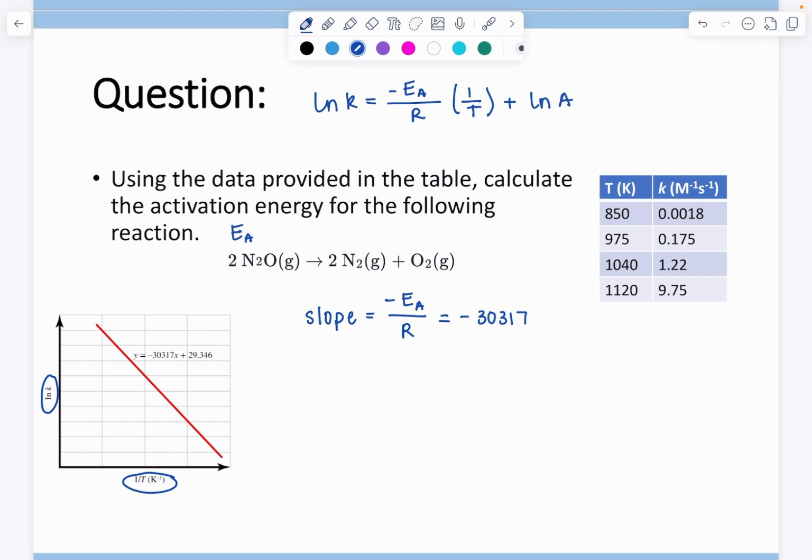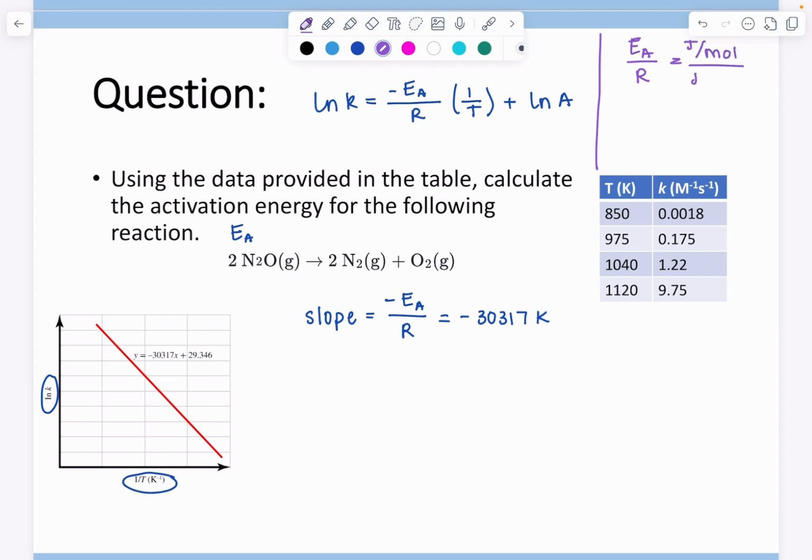Now I'm going to give you the unit for the slope. It is Kelvin. Let's talk about why that is. If we have activation energy over R, activation energy would be in units of joules per mole.